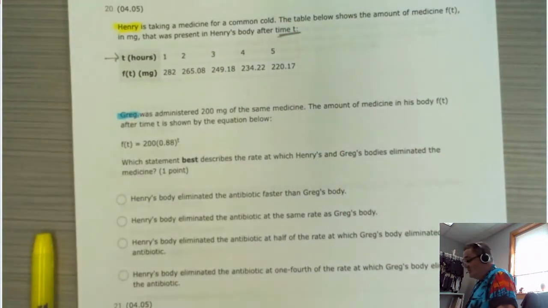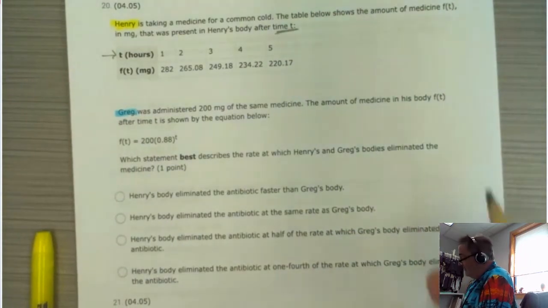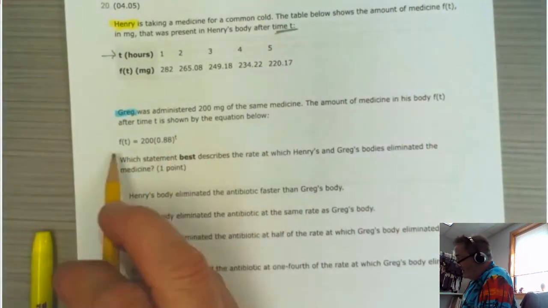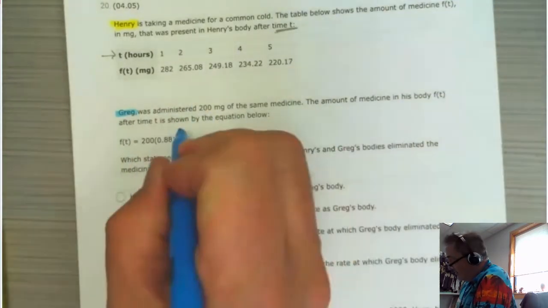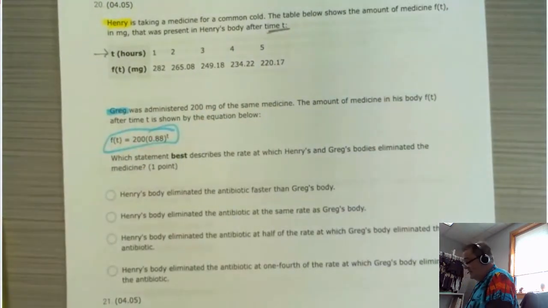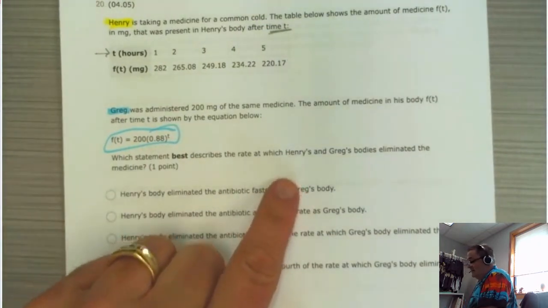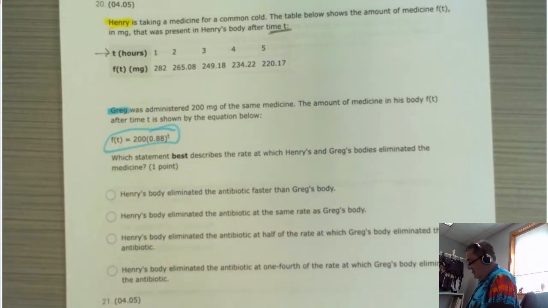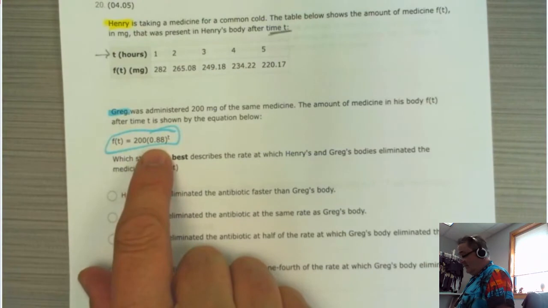Greg was given 200 milligrams of the same medicine, and the amount of medicine in his body after time is shown by this equation. So we have this table and this equation. So here's Greg right here. Which best describes the rate at which their body eliminated the medicine? So we know in Greg, it's going 0.88 left after each hour.